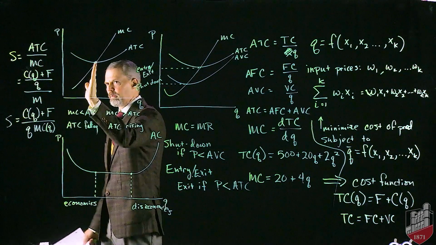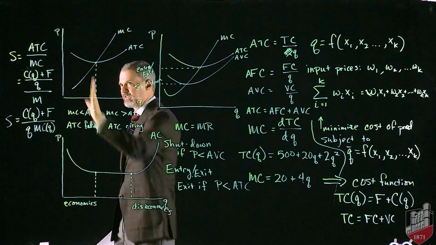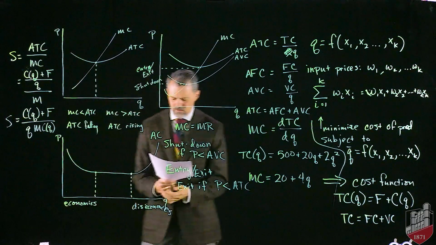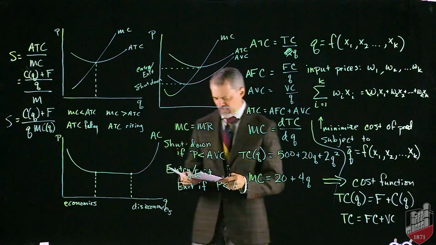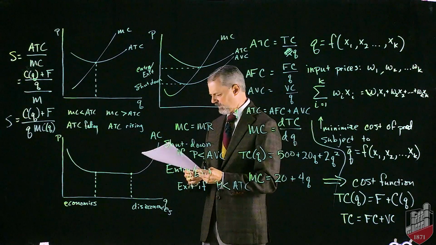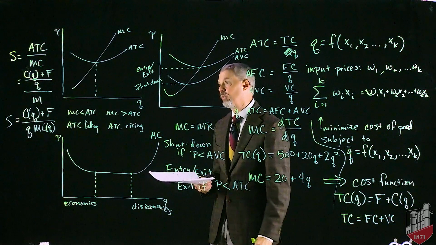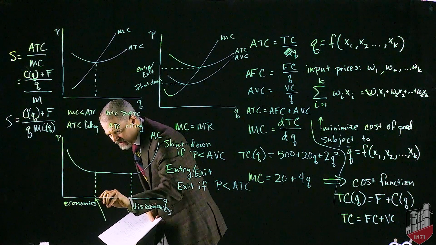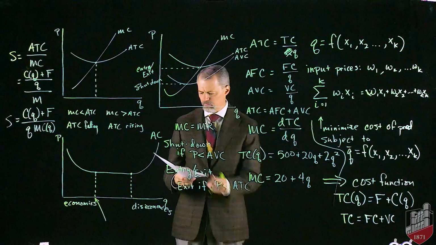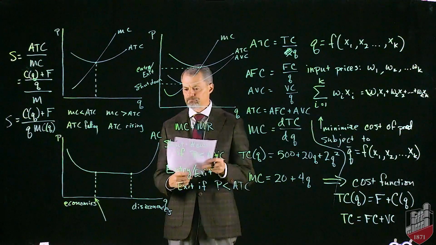And there would be even bigger economies of scale over here. We can think about the minimum efficient scale. That's the lowest level of output for which S equals 1. And that would be right here. In this picture, that would be your minimum efficient scale.